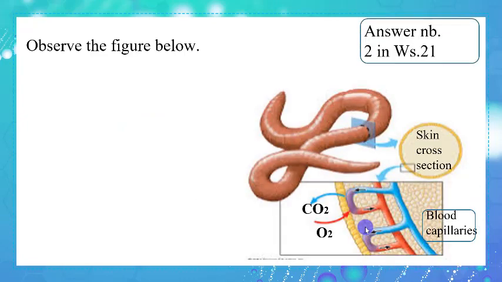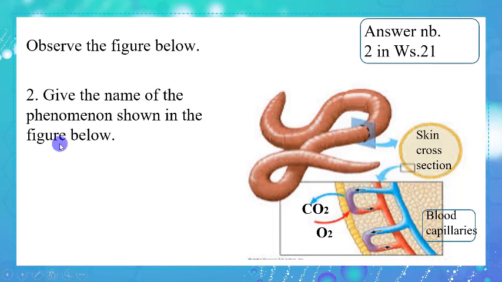Now please observe the figure, then answer question 2 in worksheet 21. Give the name of the phenomenon shown in the figure below. Here we have a cross-section of the skin of the earthworm. We can see clearly the blood capillaries under the skin.